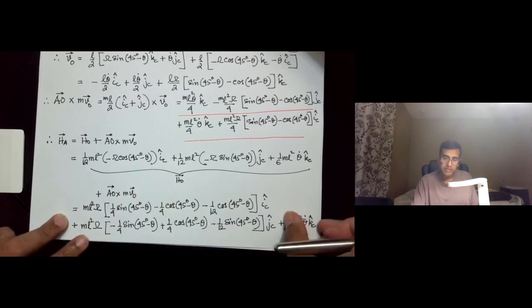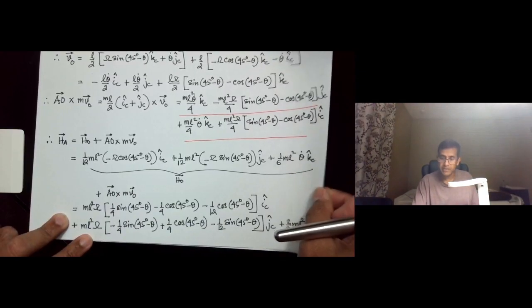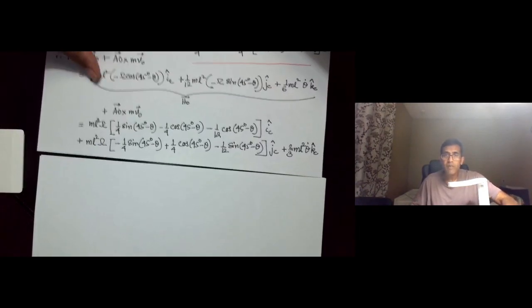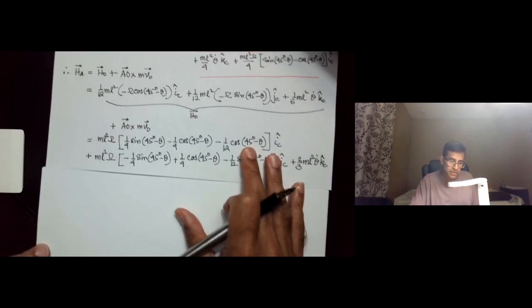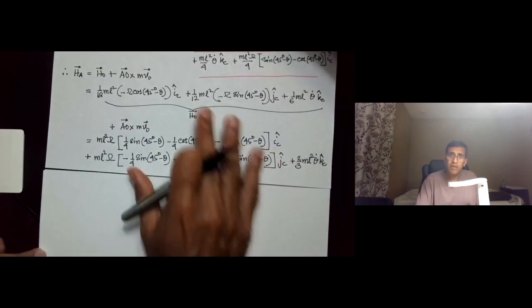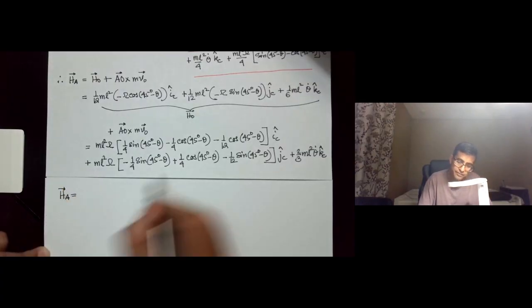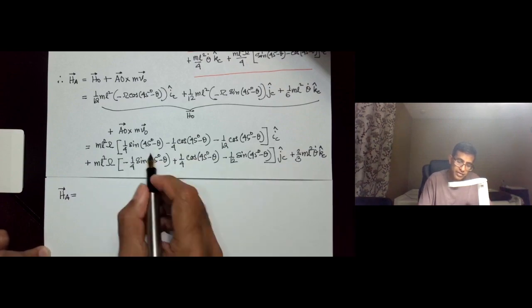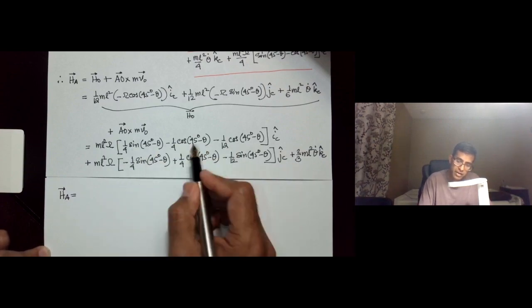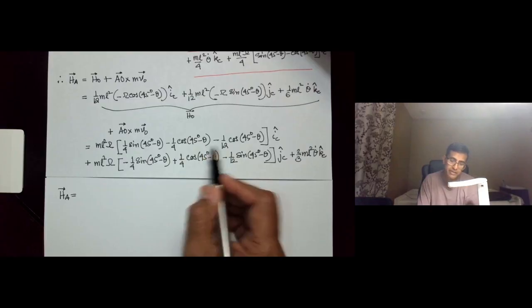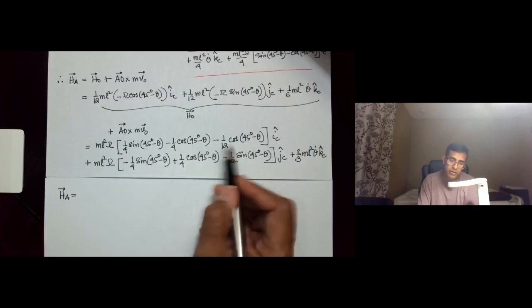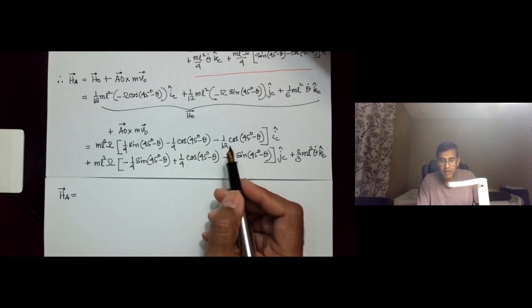Alright, there is just a little bit of simplification that is left, and we'll have our expression for the net angular momentum about the point A. So h of A then is equal to, consider these terms here, you have two cosine 45 minus theta terms. One has 1/4 and another is 1/12.